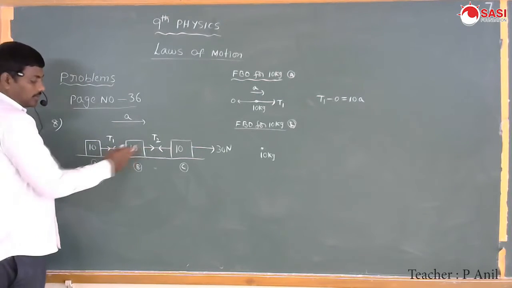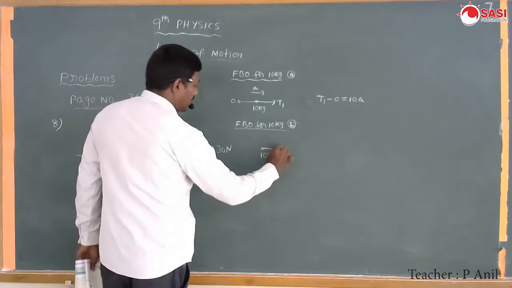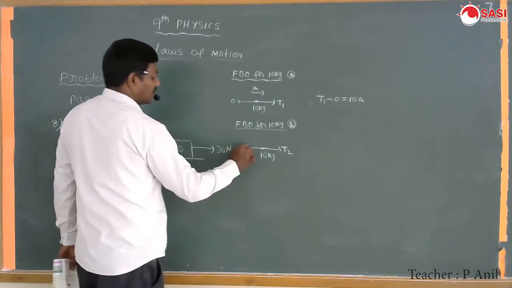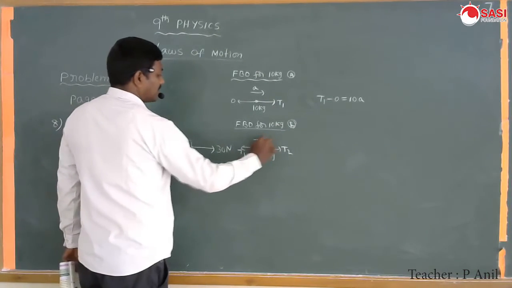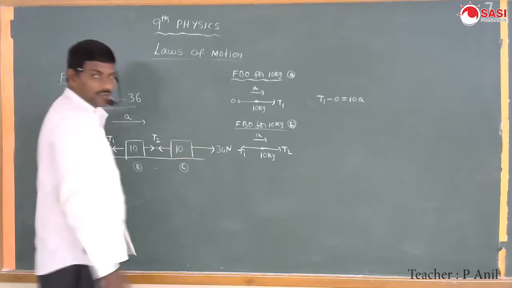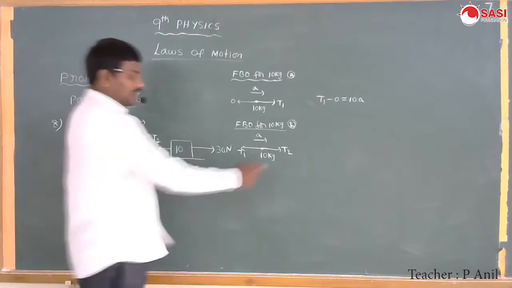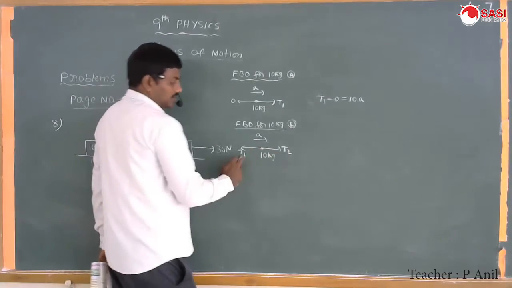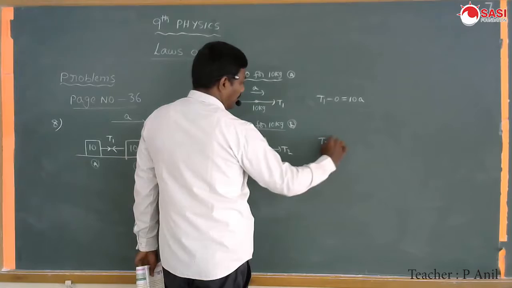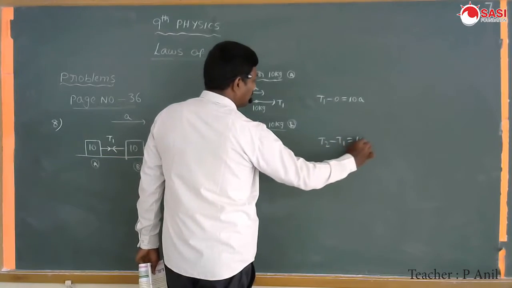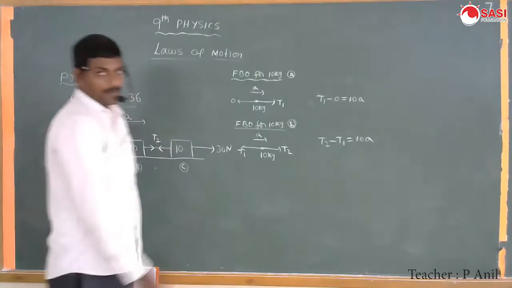Right side T2, left side T1. Acceleration on which side? Right side. What is the net force? Which one is more here? T2. T2 minus T1 is equal to 10A, that is, MA.